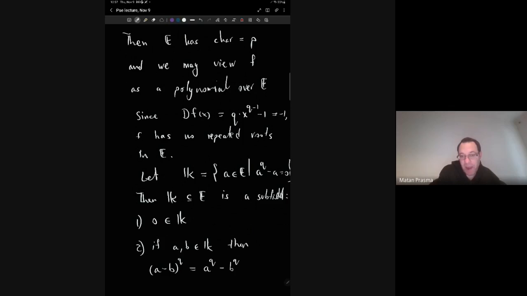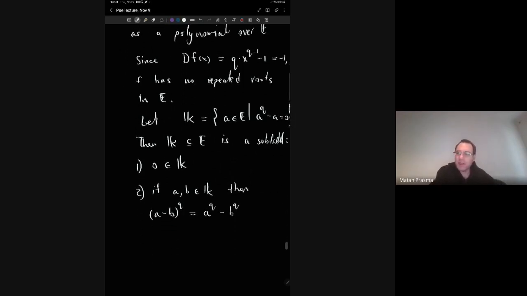And by a trivial induction, you get the same result for any power of p. I mean, take q equals p squared, for example, then you simply apply this principle twice and you get the result. Is this clear? So, of course, if I have this equality, then since a and b are roots of the polynomial f, this is simply a minus b.